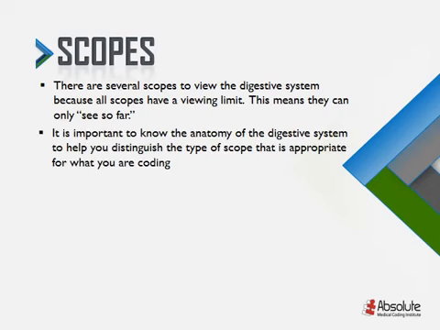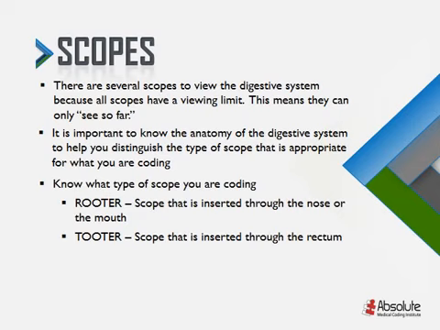This is where knowing the anatomy of the digestive system will help you, because in order to distinguish the type of scope that's appropriate for what you're coding, you need to know how the digestive system works and the order of things so that you know when the scope is traveling a certain path, how far that goes will matter on your anatomy. So you have to know what type of scope you're coding for.